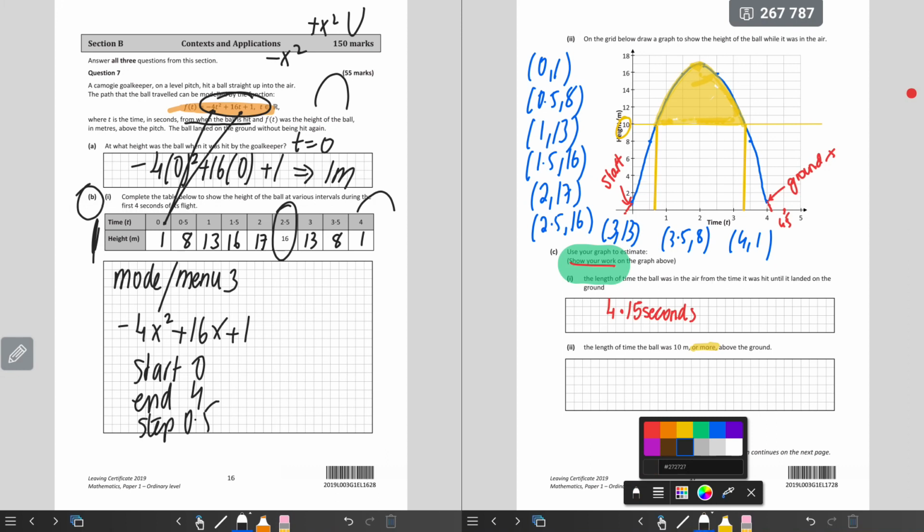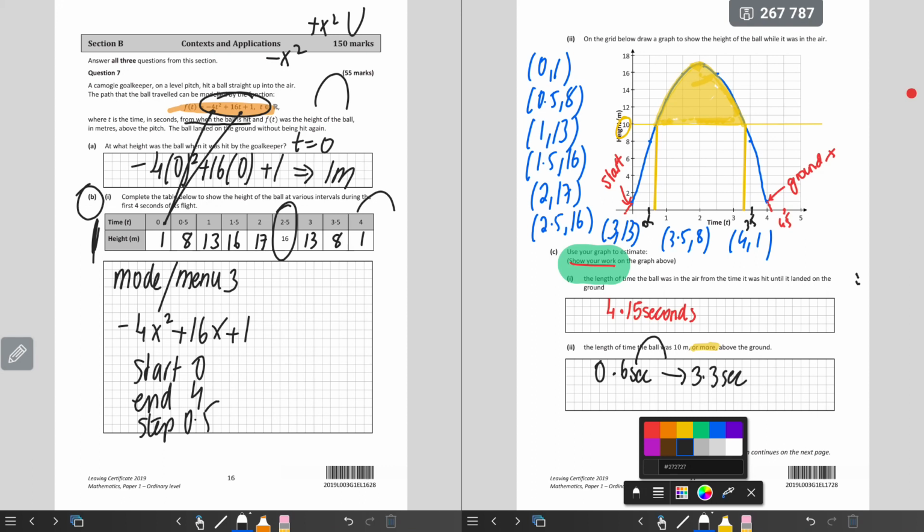There's 0.5, 0.6, 0.7. Yeah, so 0.6 seconds, say, and it started, and then it kept rising, and it's coming down. And when was the last time it was about 10 metres above the ground? There's 3.5 there, so 3.3 or so, whatever your graph says.